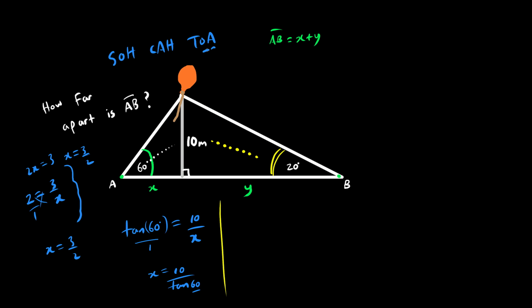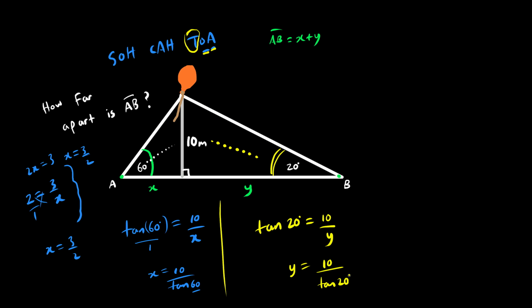So again, opposite, adjacent, we're going to use t, which represents tan. Tan theta, which happens to be 20 degrees, is equal to opposite, which is 10, over adjacent, which is y. So again, we have the unknown variable in the denominator. So we're going to say y is equal to the numerator over the other side, tan 20.